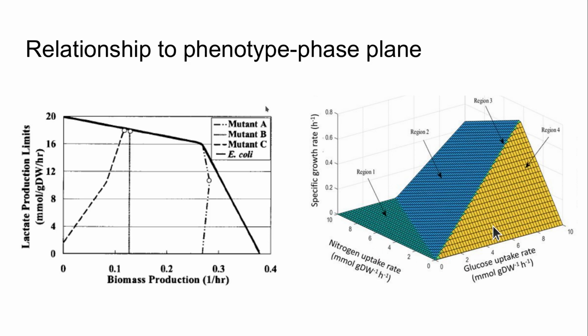Another slight difference here is that here we're using uptake rates as axes, and here we're using secretion rates. That seems maybe like an important distinction, but it really isn't, because secretion and uptake are essentially the same thing, just in a reverse direction. It's just that in practice, when we're doing phenotype phase planes, we're usually mostly concerned about environments, which are reflected by uptake rates. And in most metabolic engineering problems, we're after secretion of a product.